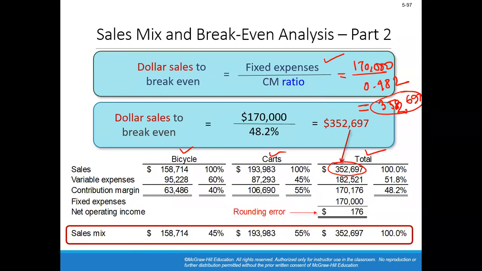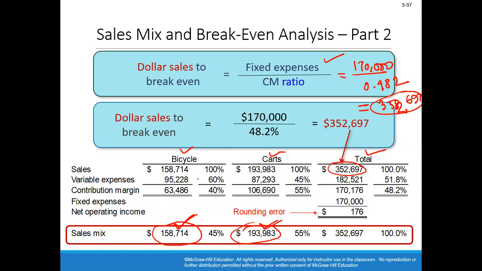If you apply 45% of 352,697, you'll see it is 158,714, and 55% of this amount is 193,983. What does it indicate? For break-even sales, RBC needs to generate this amount of bicycle sales and this amount of cart sales.